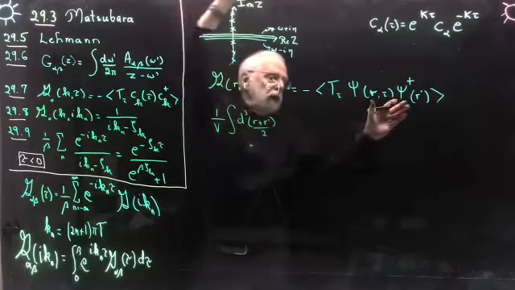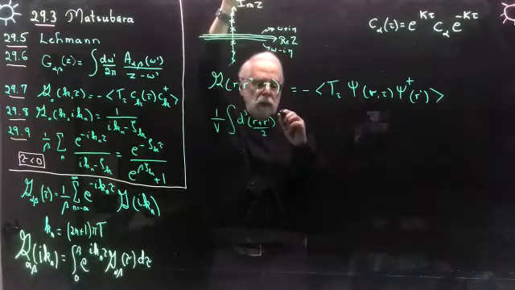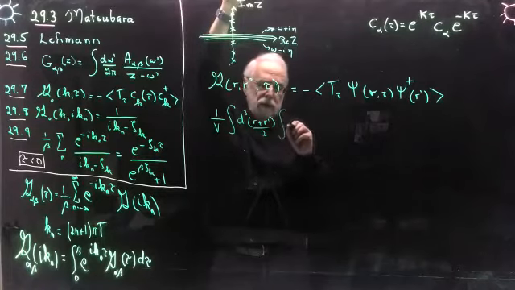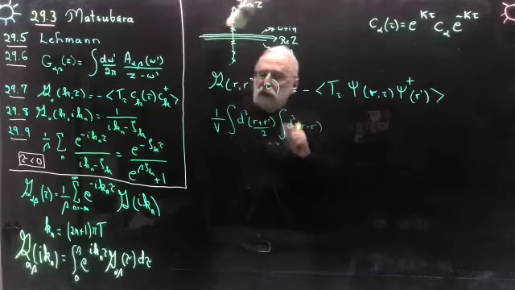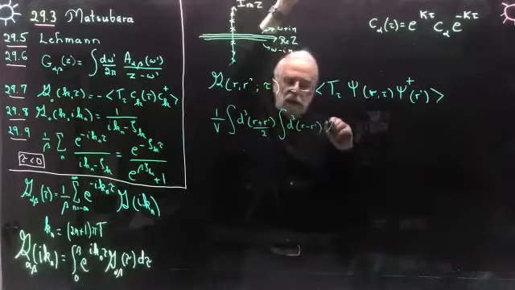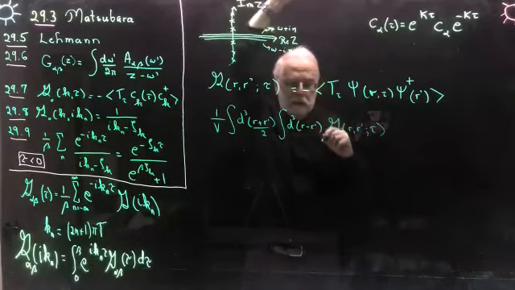This can depend only on r minus r prime. And then we do the integral of d cube (r minus r prime) of this object, G of r, r prime, tau.